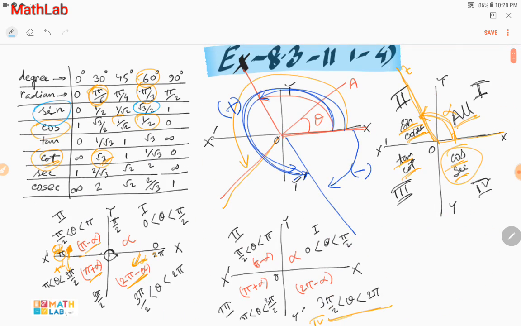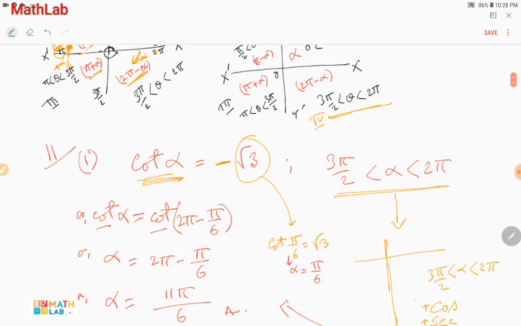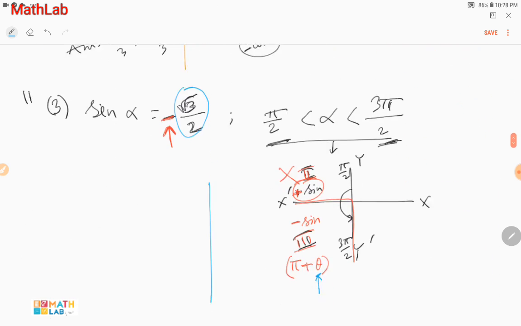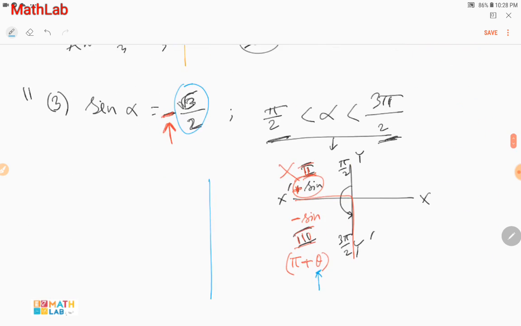Root 3 by 2 for sine, that is root 3 by 2 for what angle? Pi by 3 or 60 degrees. That means sine 60 degrees equals root 3 by 2.